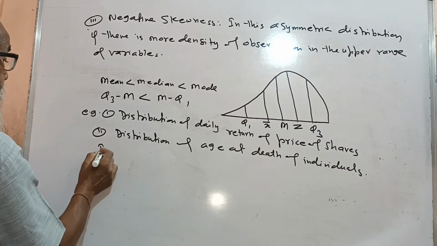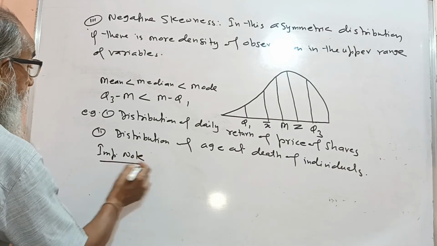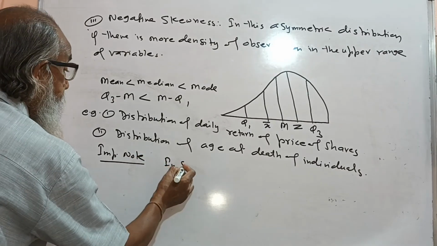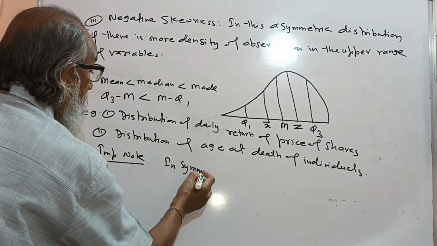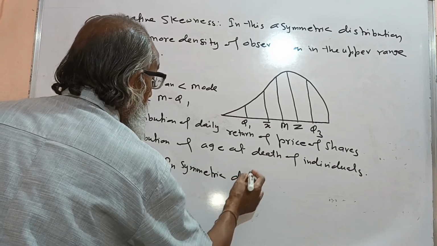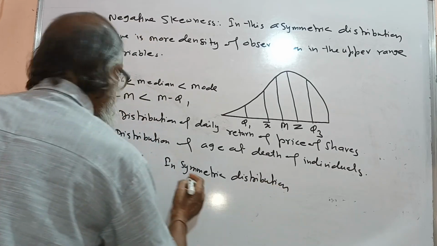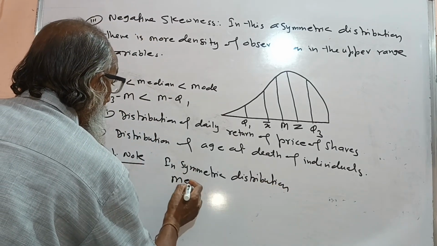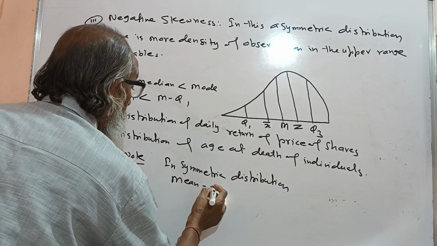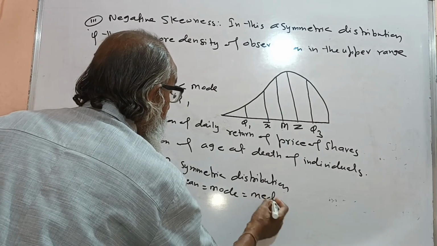Now important to note, in a symmetric distribution, mean is equal to mode is equal to median.